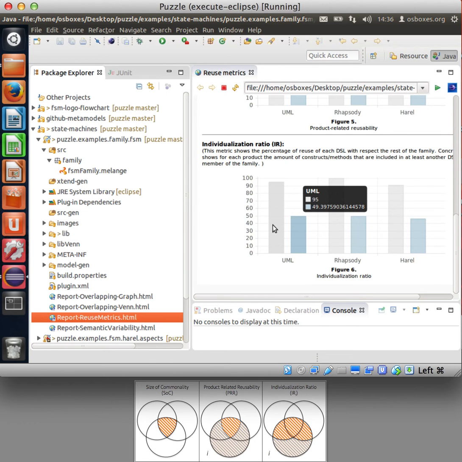For example, 95% of the abstract syntax of UML is defined in at least another DSL different from UML, and the 5%, the rest, is defined exclusively for UML. Here we have also the results for the semantics. 49% of the UML semantics is defined in at least another DSL, whereas the rest, the 51%, is defined exclusively for UML.